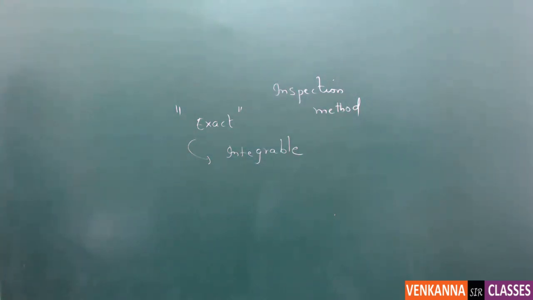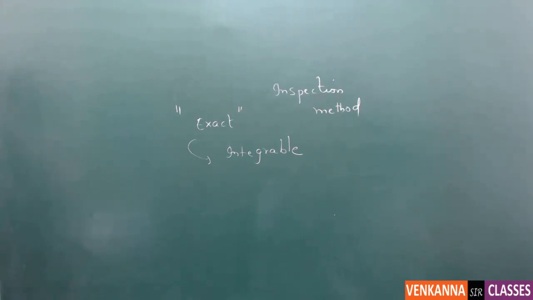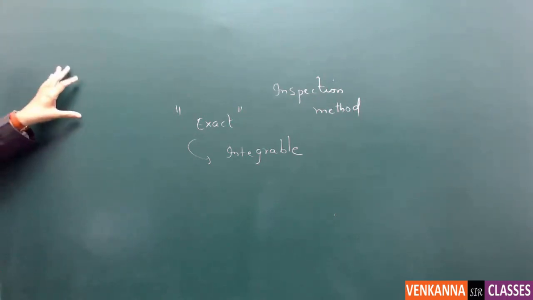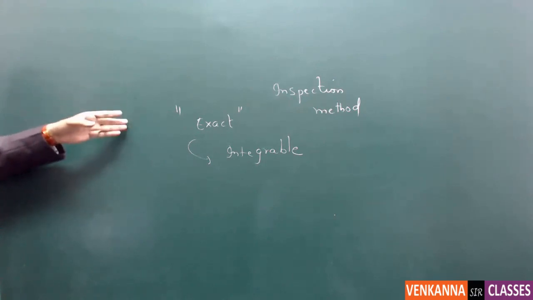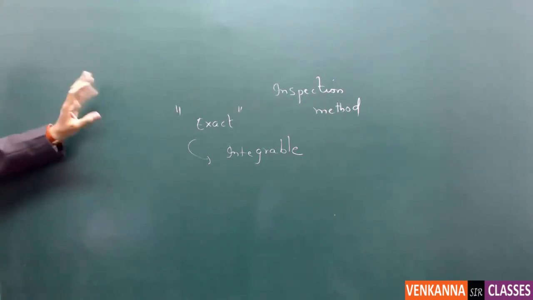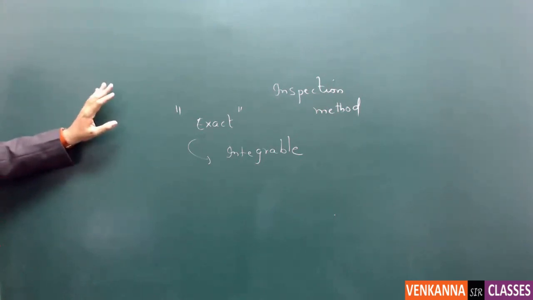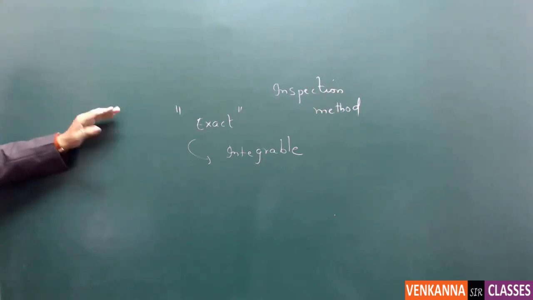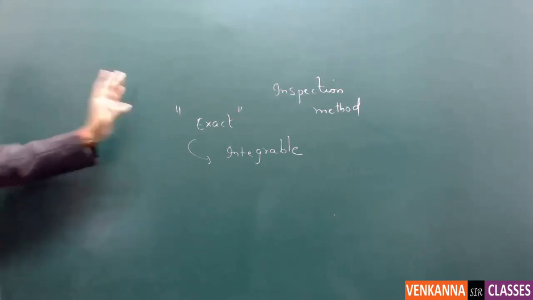Method of inspection says that on observing the terms in the differential equation, by simply rearranging the terms or multiplying, adding, subtracting, dividing the terms of the equation with a suitable function, we represent the given equation as an integrable equation.